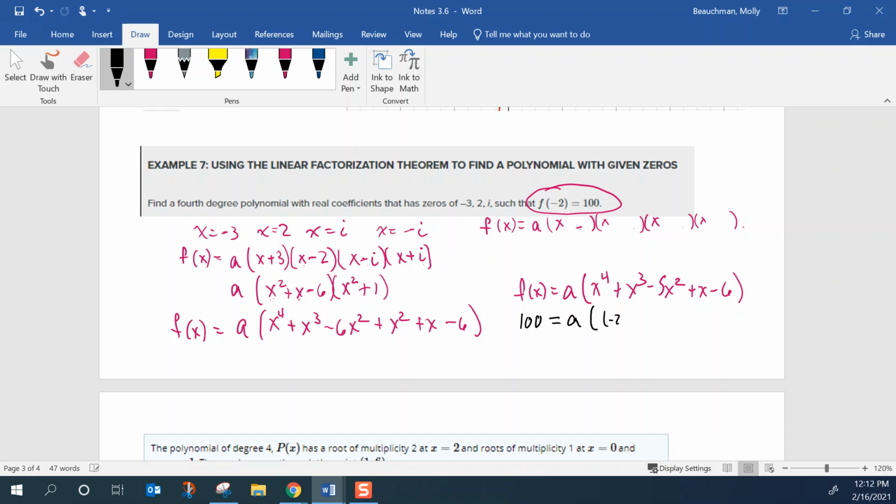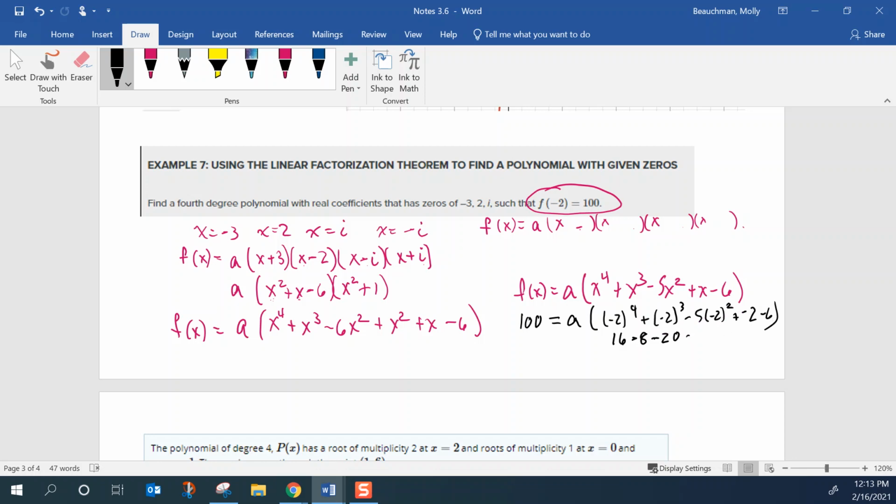So I get negative 2 to the fourth plus negative 2 cubed minus 5 times negative 2 squared plus negative 2 minus 6. Add together, negative 2 to the fourth is a positive 16. Negative 2 cubed is minus 8. Negative 2 squared is positive 4 times negative 5 is negative 20.